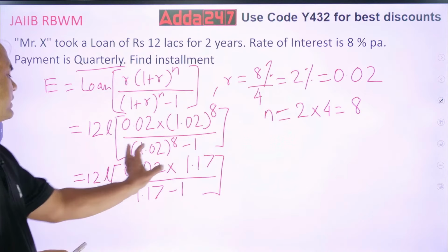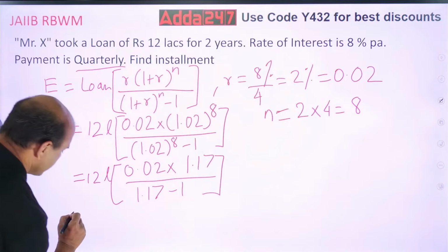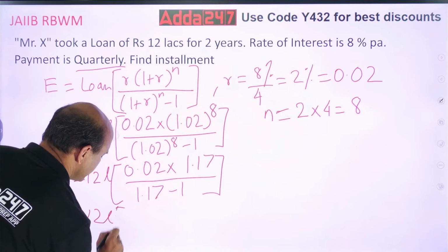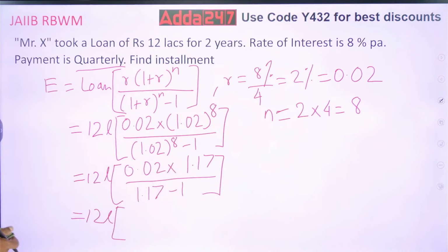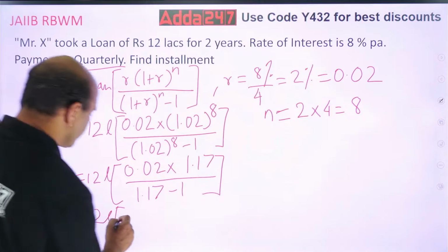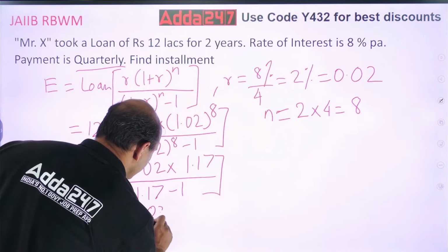So what will be the answer for this multiplication now? 12 lakhs into 1.17 into 0.02, which is 0.023.